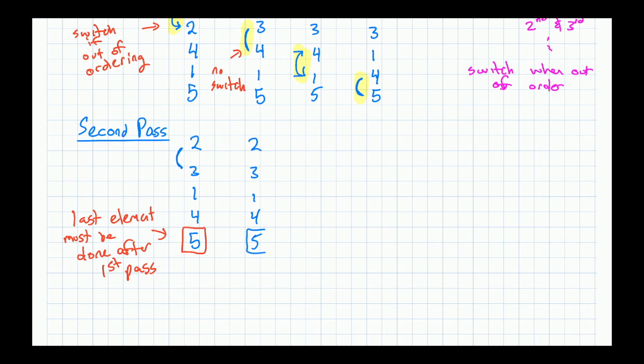I'm going to just use blue so I don't have to keep switching to a red marker. So we compared the first 2, they were correct. Now we're going to compare the second 2, 3 and the 1. Those are out of order, so we got to switch them. So then we're going to have 2, 1, 3, 4, 5.